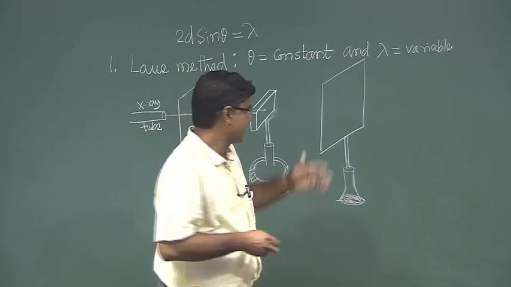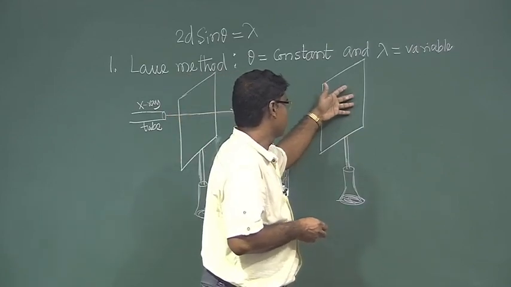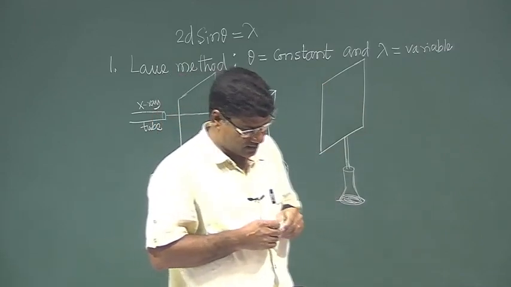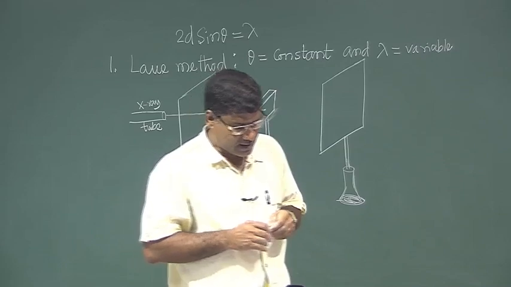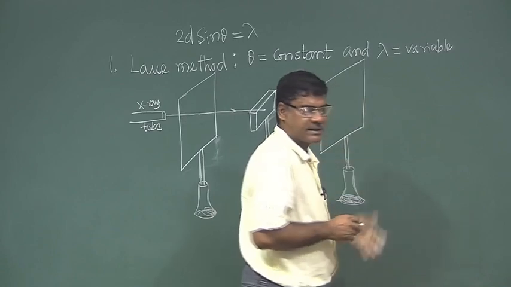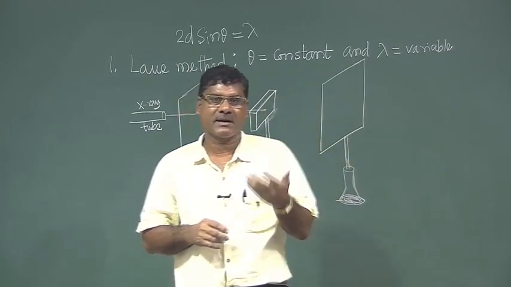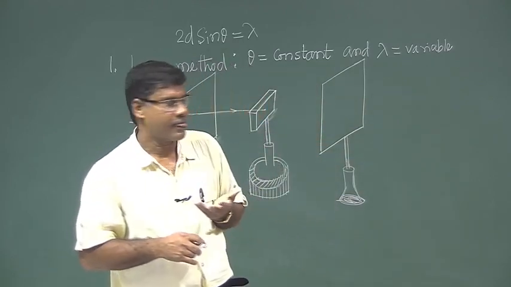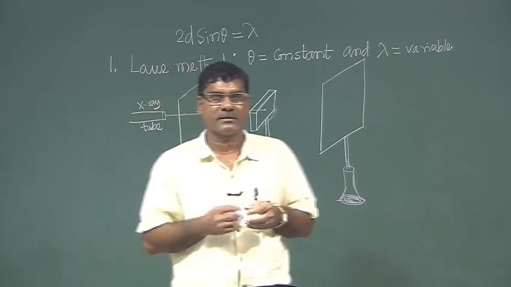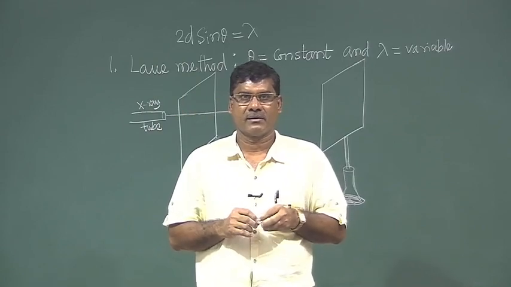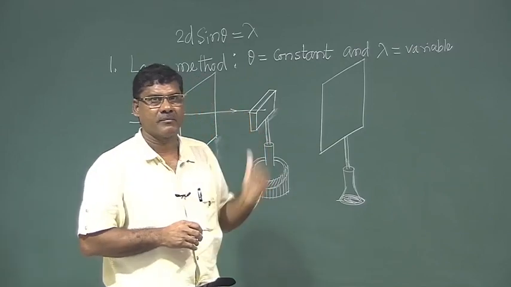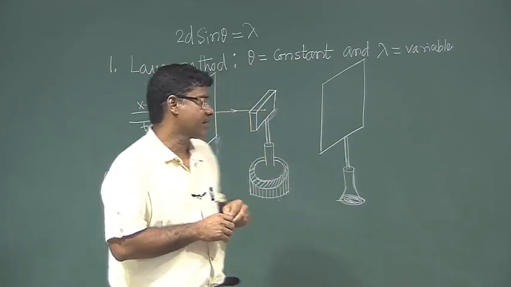Whatever spots we see in the forward plate are due to forward reflection, and on the other side we also see diffraction, which is called back reflection.